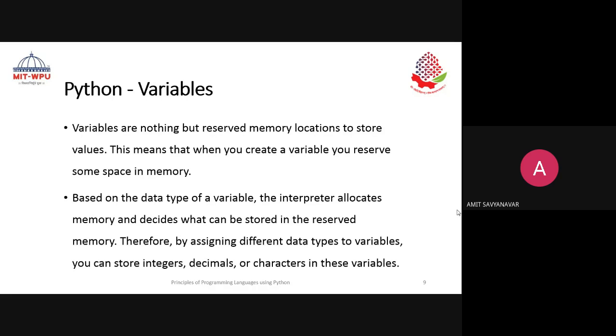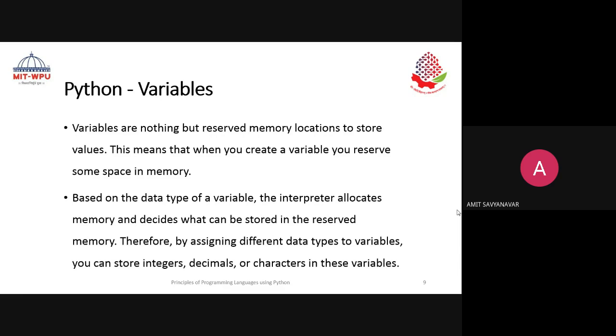So a variable has a memory location associated with it, and a value is stored at that memory location. Each and every variable also has a type associated with it, like what kind of value would be stored for that particular variable.